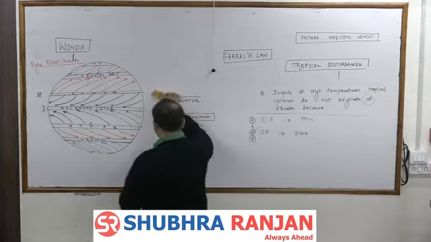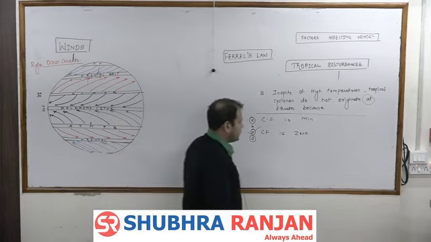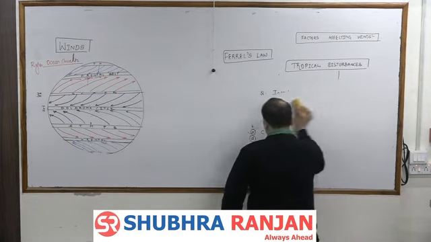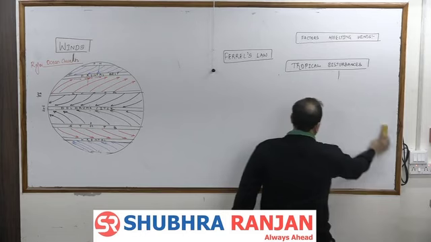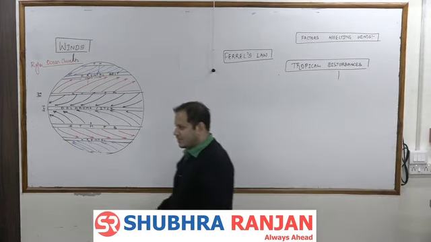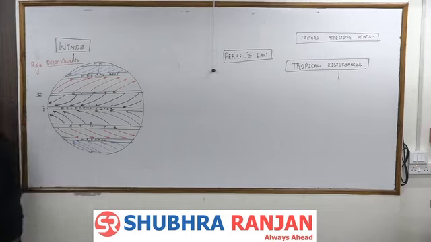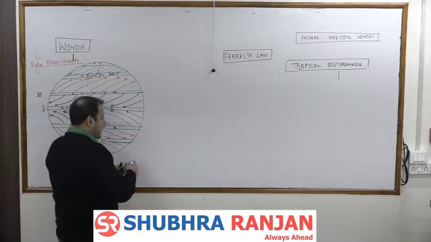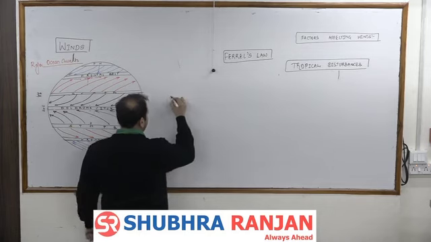Third point in the Coriolis force: the Coriolis force always acts perpendicular to the pressure gradient force.